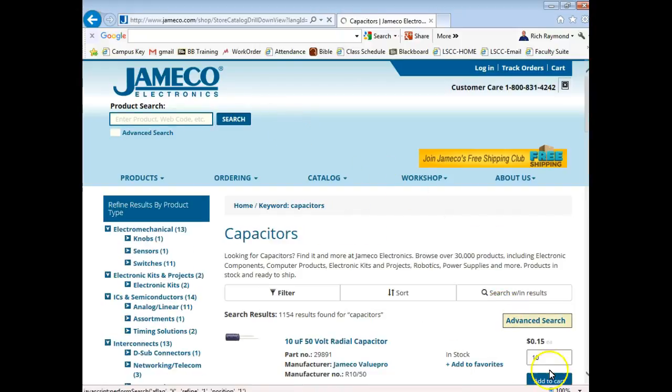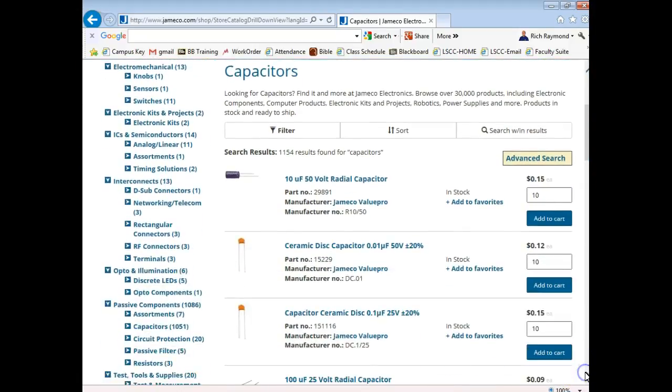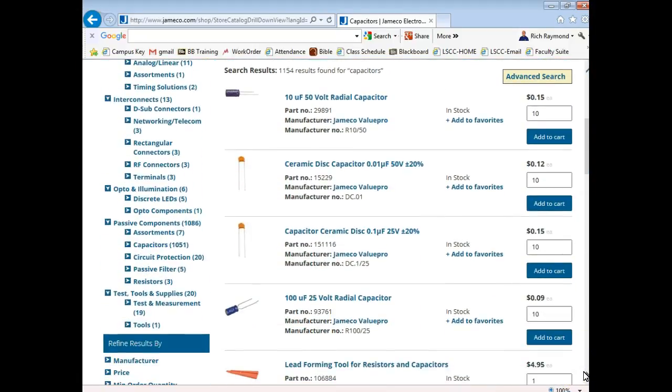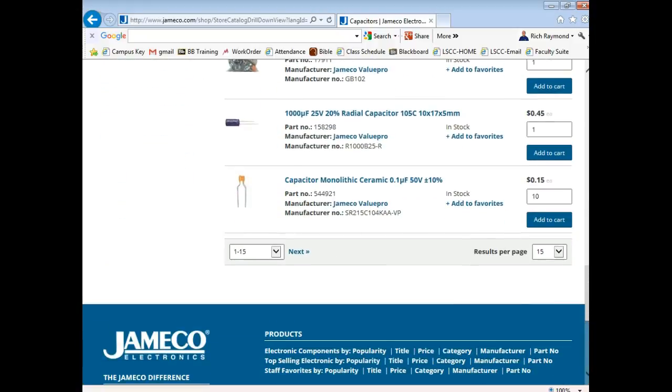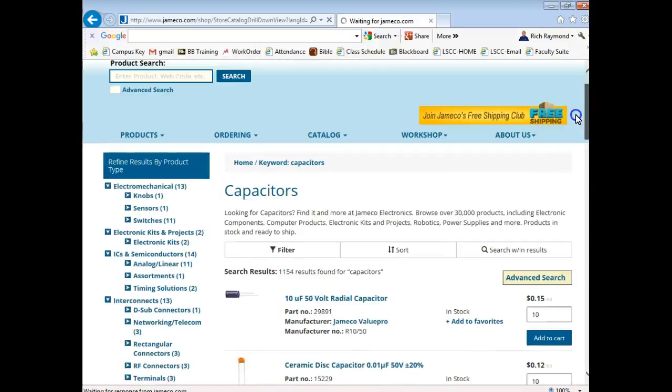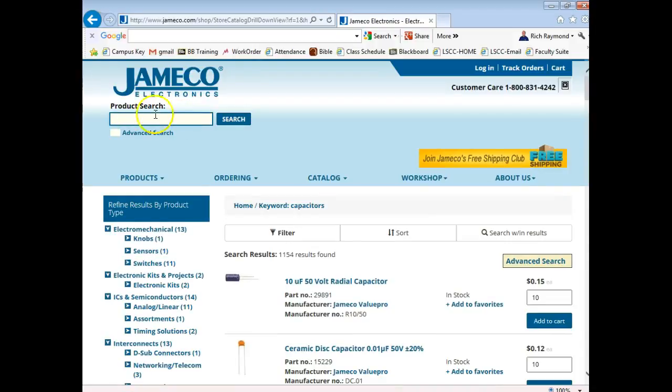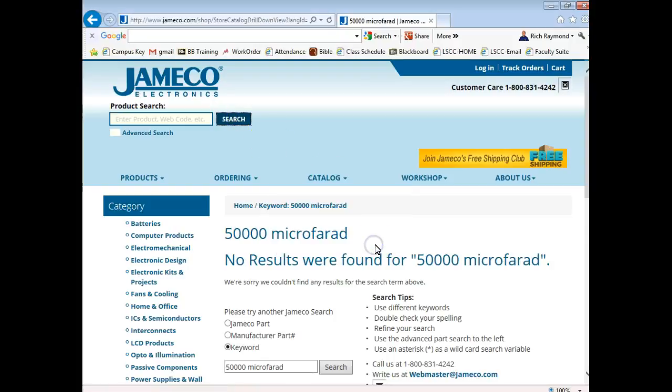They come in all shapes and sizes. What we're doing is we're looking for these electrolytic capacitors right there. And of course, the bigger they are, the more they're going to cost, right? So I don't know. Let's look for... no results. Okay.